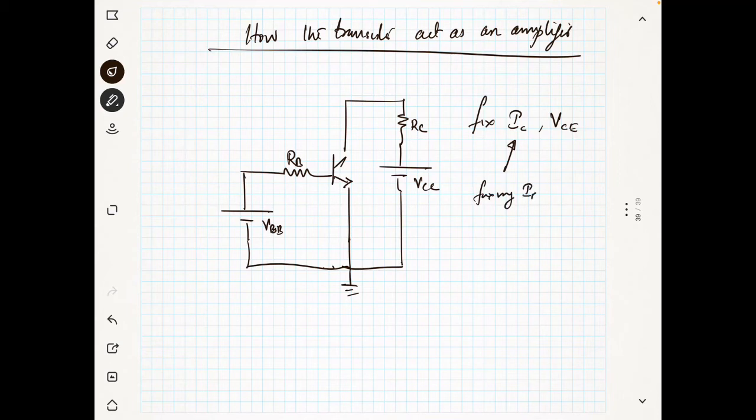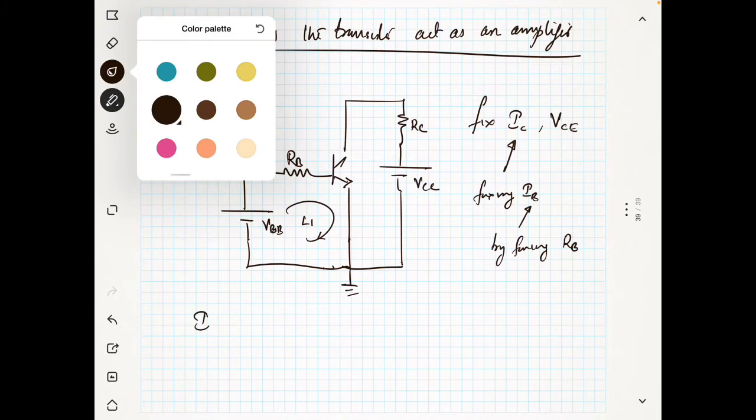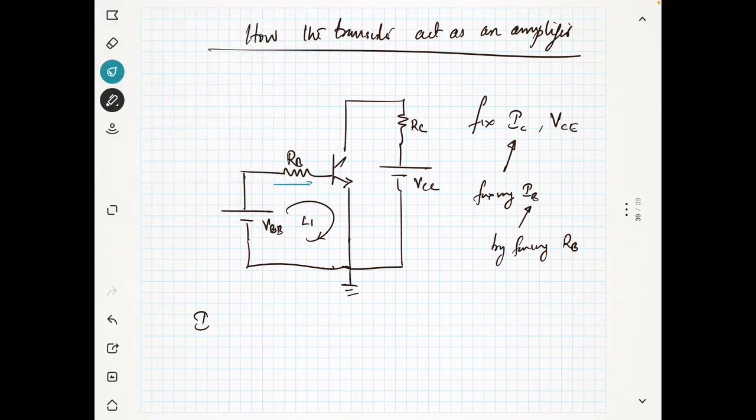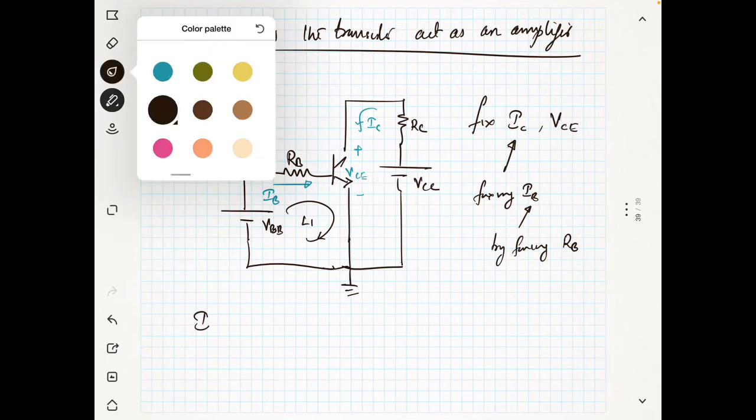So how to fix IC? By fixing IB. And how to fix IB? By fixing RB. So you have to properly select RB. Before that, I will write the transistor equations. Here this is IB, this is VCE, and this is IC.